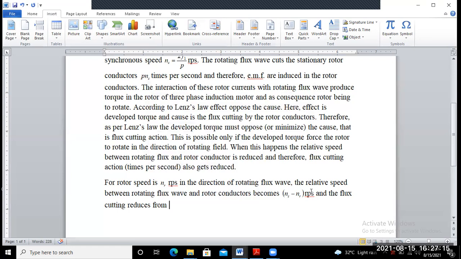Starting when the rotor does not move in the direction of the rotating magnetic wave flux.